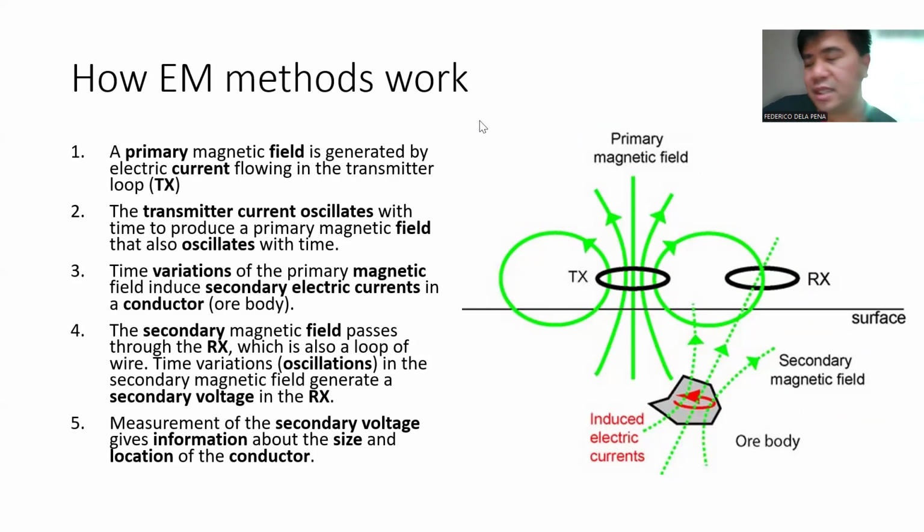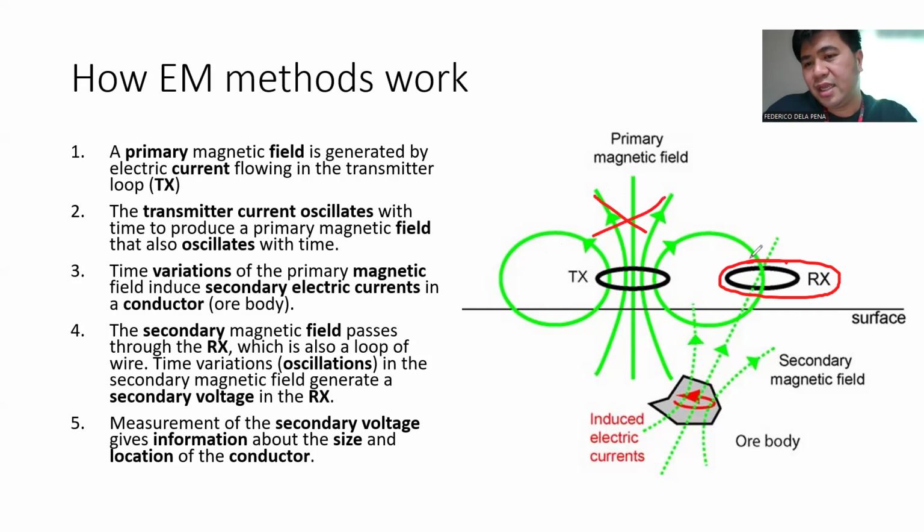For the time domain EM, they simply turn on the transmitter momentarily and then they turn it off. The advantage of that is once you turn off the main transmitter, the receiver will not read any signal from the transmitter.